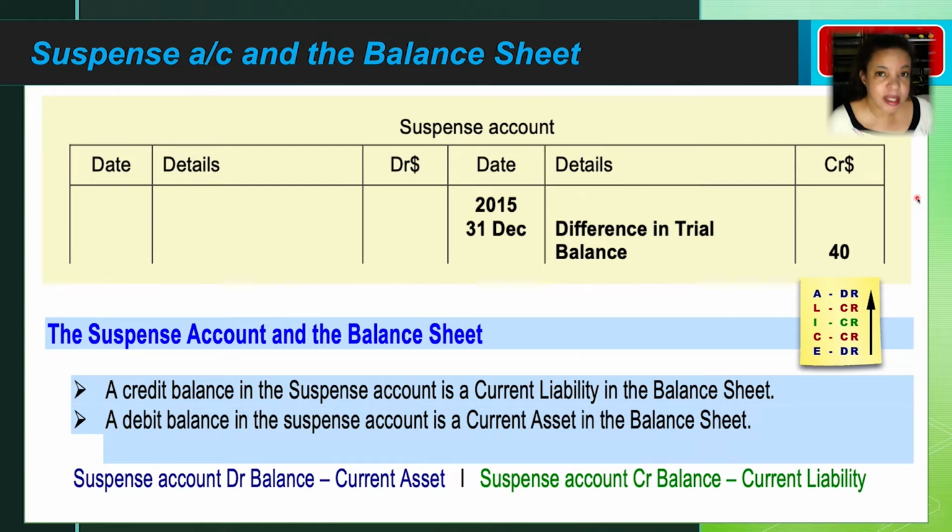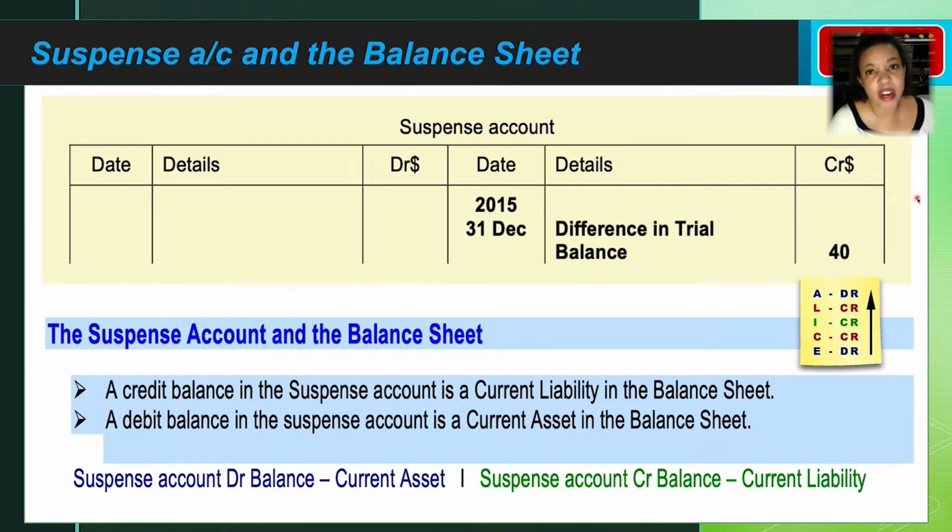And just like how we had to open a suspense account and enter it to result in the trial balance balancing, to get the trial balance to balance, we have to enter an amount for the suspense account, that same amount in the balance sheet, so that the balance sheet can also balance.